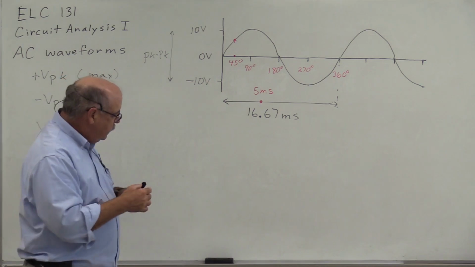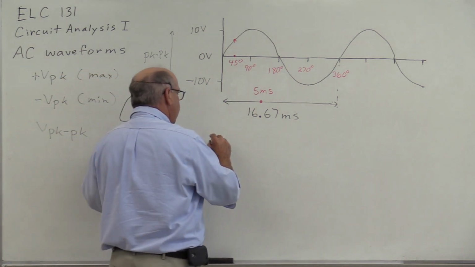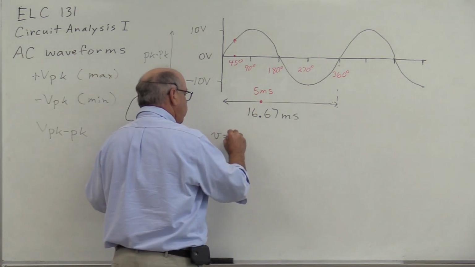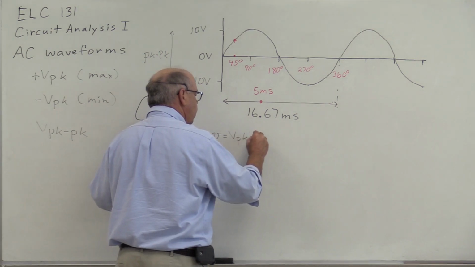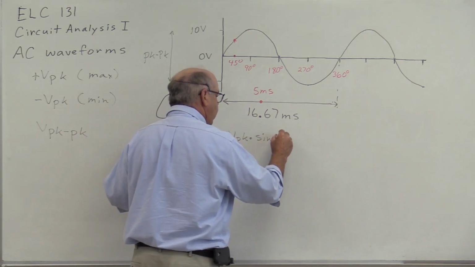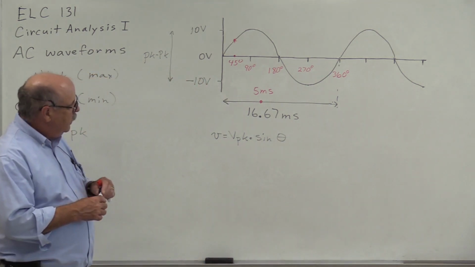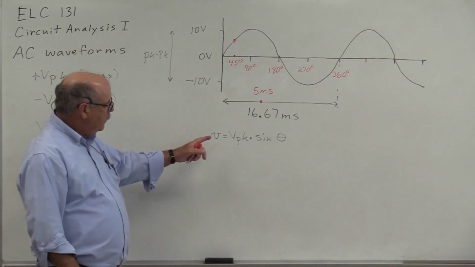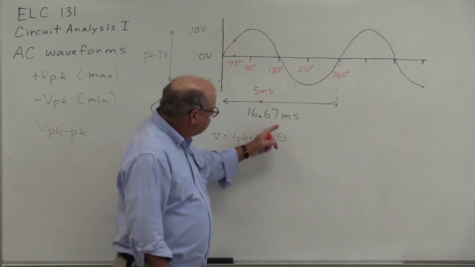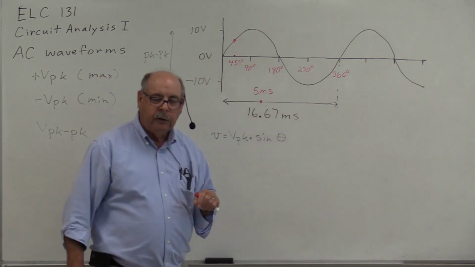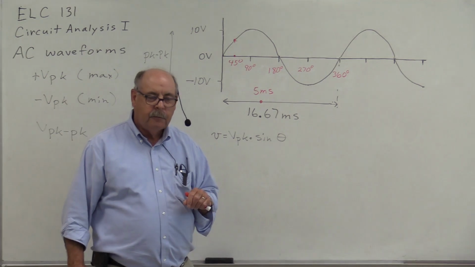Now, the equation we just looked at said that v equals V peak times the sine of the angular distance theta. But we know that one cycle is always 360 degrees.